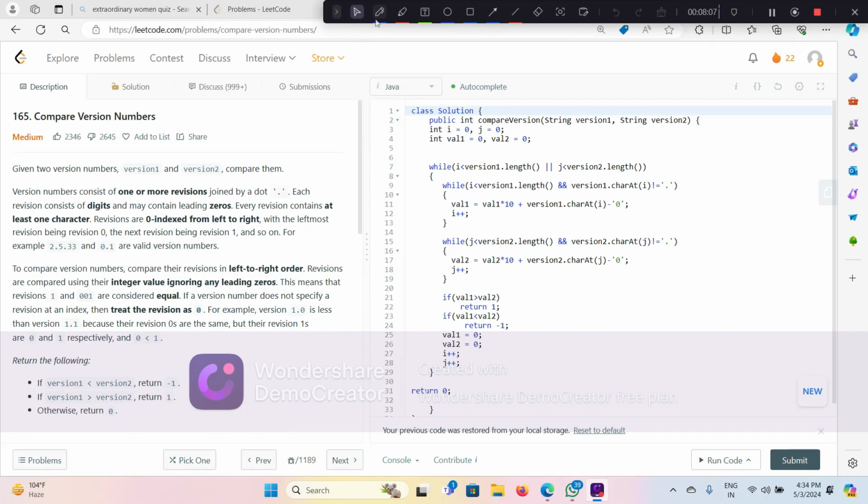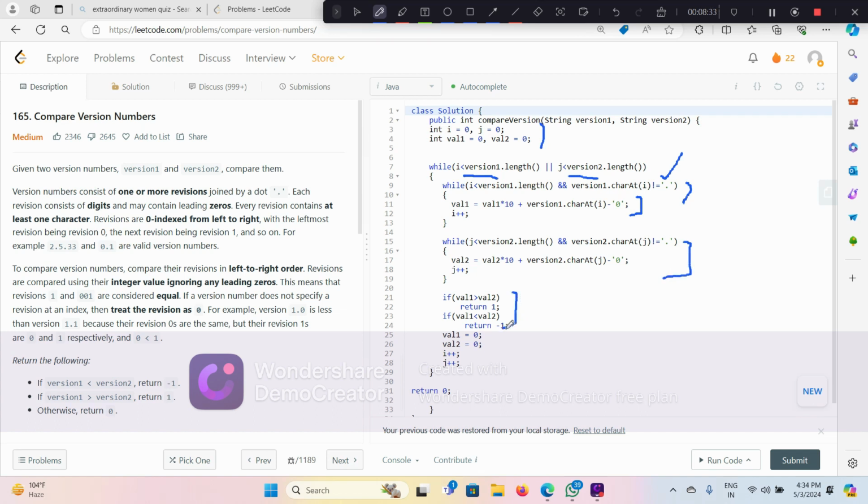So here is my code. I am not using any extra space or anything. So see here, I am starting those val1 and val2, and then I am starting this while loop for both of the strings. Okay, so here what I am doing, I am calculating those values for every interval. You can see here, till the time this is not dot, I am calculating val1. Similarly for the second string, val2, and then I am checking here.